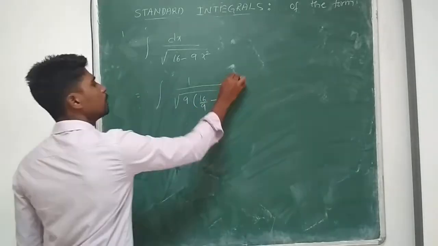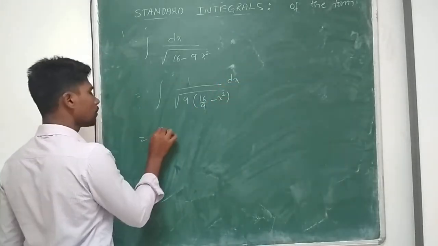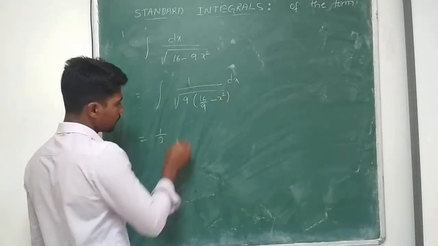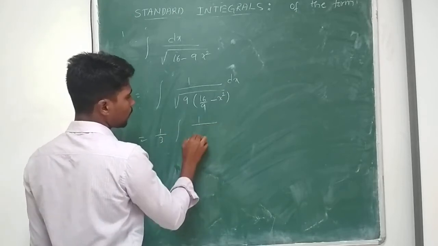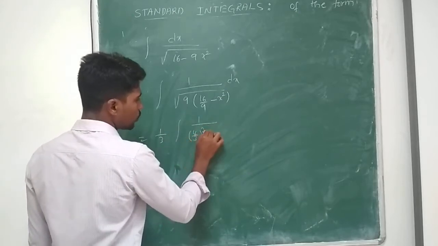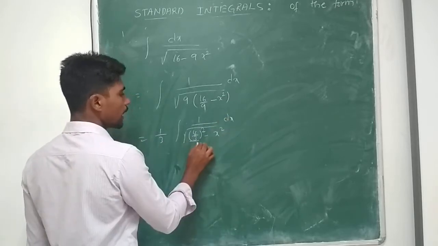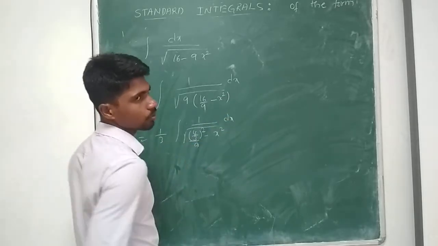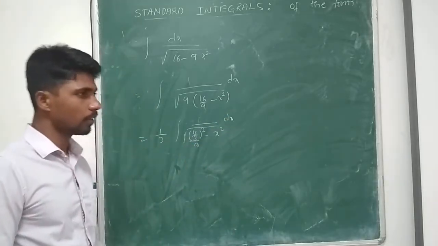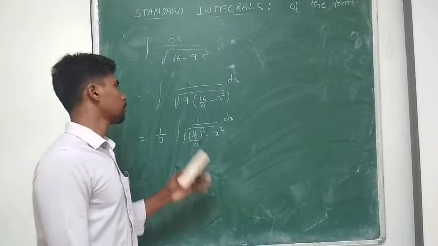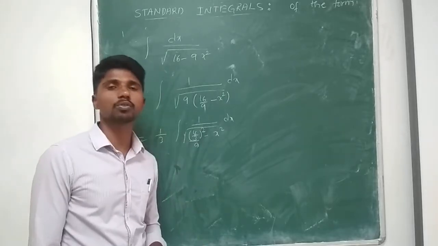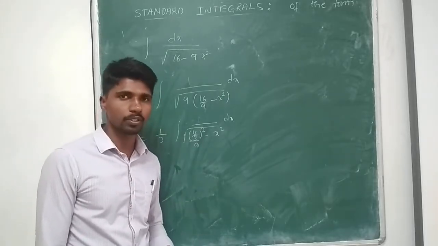And I know root 9 is equal to 3, so that 1 by 3 is taken outside as common. So I get integral 1 by 4 by 3 whole square minus x square under root dx. So this acts as a square minus x square. The integral of 1 by root over a square minus x square is nothing but sin inverse x by a.